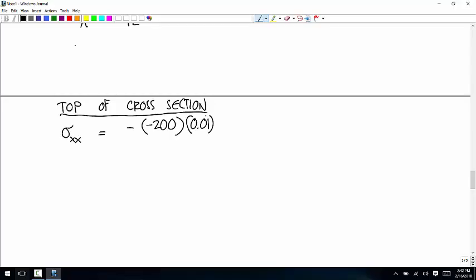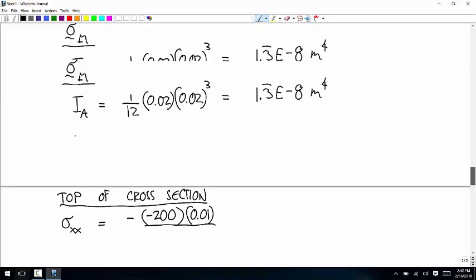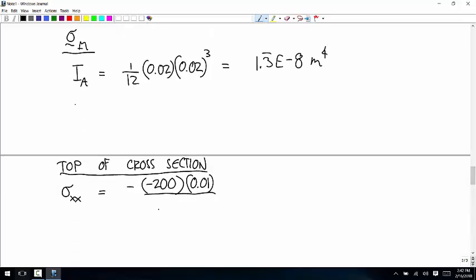It's 1 centimeter from the neutral axis to the top, divided by that area moment of inertia we just got, 1.3 repeating times 10 to the minus 8. And so what do you get for that? Times 10 to the 8th pascals.